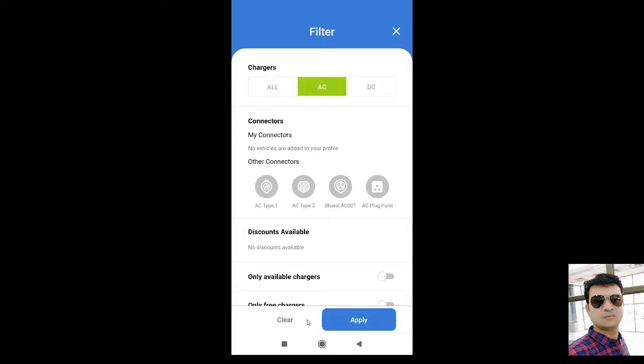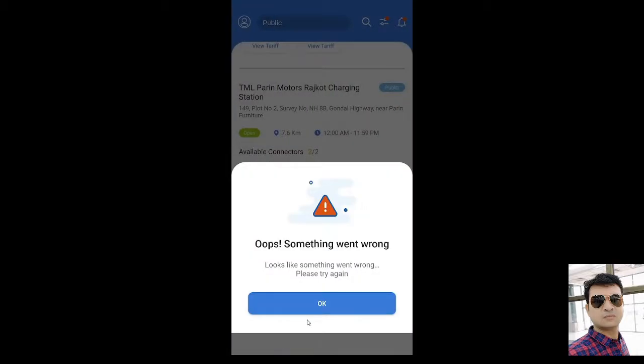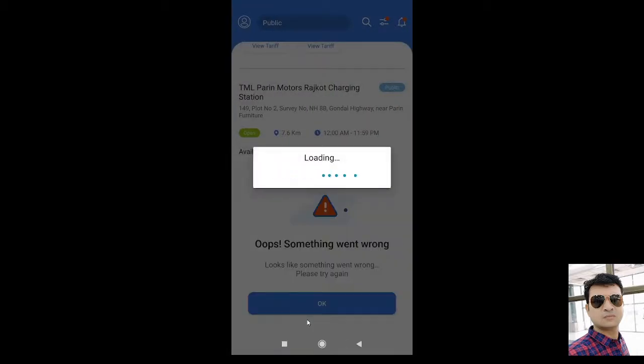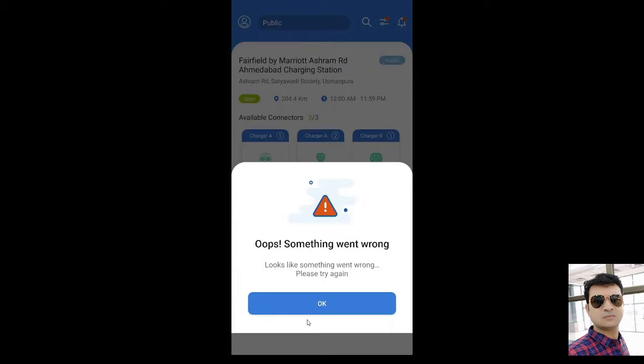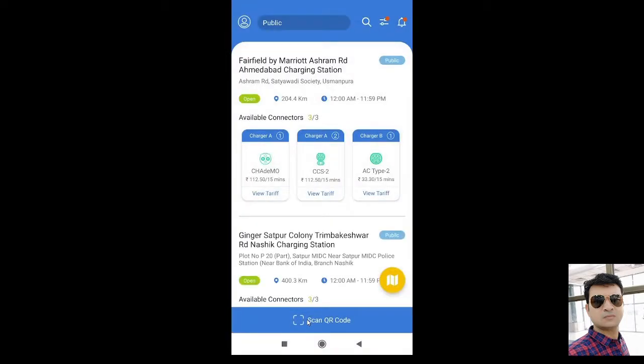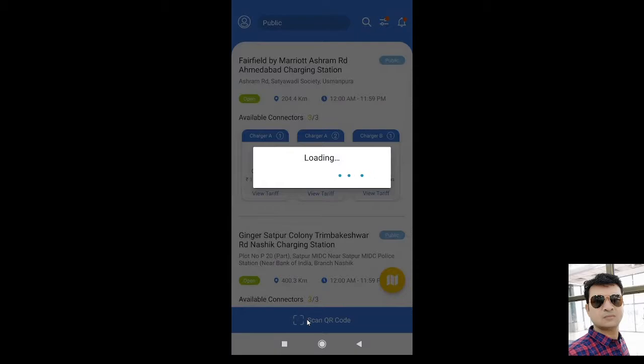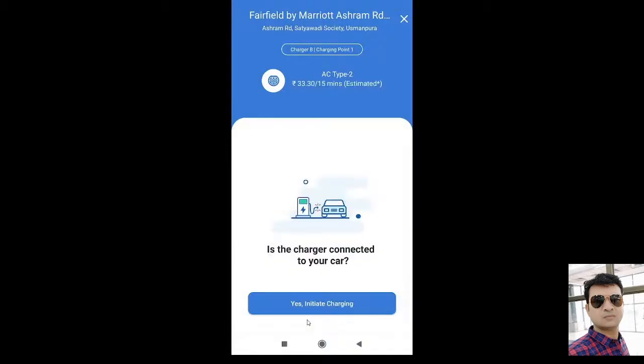Now click on AC type 2. Something went wrong. Okay, please try again. Yes, these are near Ahmedabad. So click on AC type 2. Is the charger connected to your car?